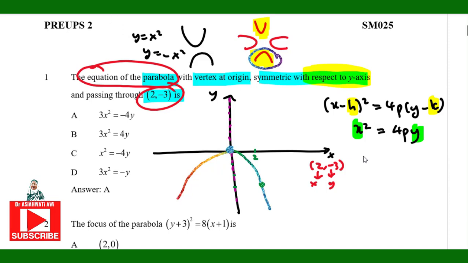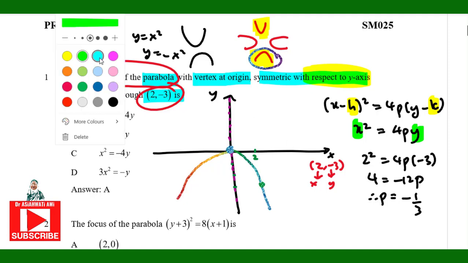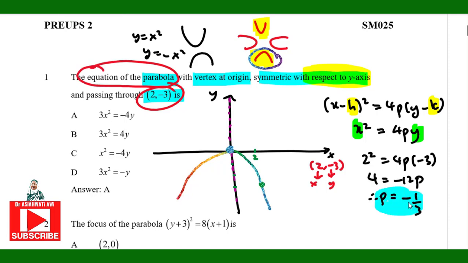It is 2 squared equals 4p times -3. So here is 4 equals -12p. Therefore, p is equal to -1/3. The next step is to substitute this p into the equation.